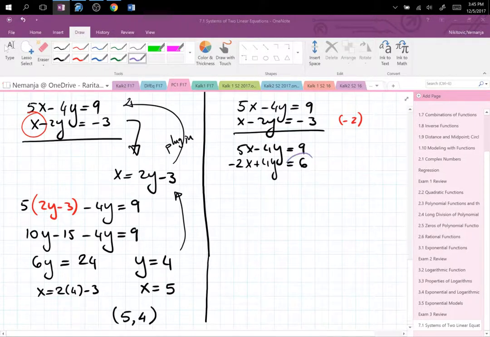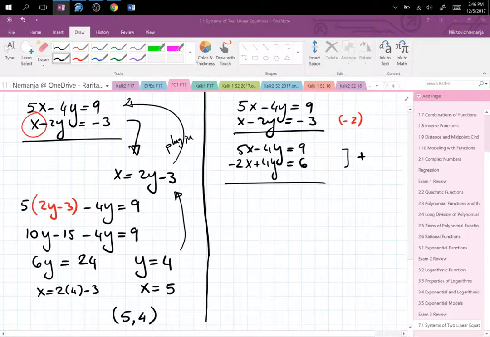Generally, your mistakes are here. You forget to multiply this number. I don't know why, but that's what generally the mistakes are. And now you add these two, which will eliminate, hence elimination method. Or you add equations, hence addition method, right?